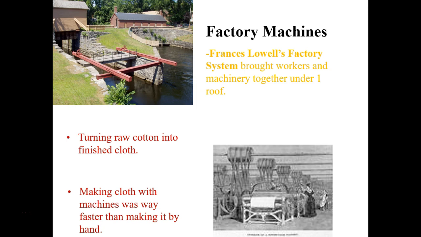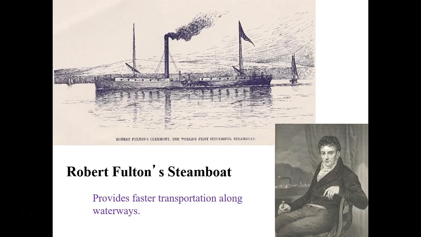And so obviously, as with most everything we talk about in the Industrial Revolution, making cloth with machines was way faster than making it by hand. And so that was one of the major reasons that there was such a huge demand for cotton, and why the cotton gin was such a huge invention.